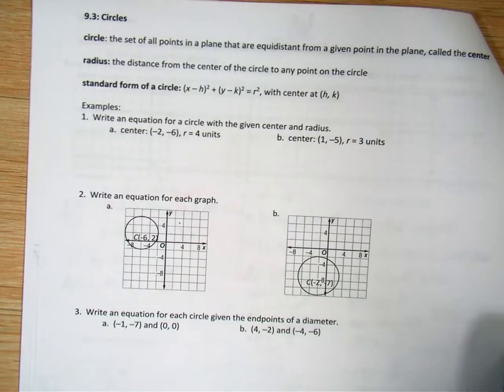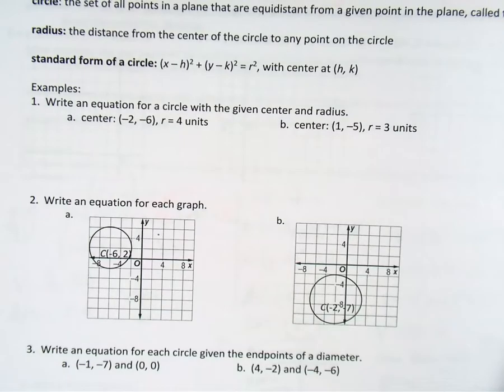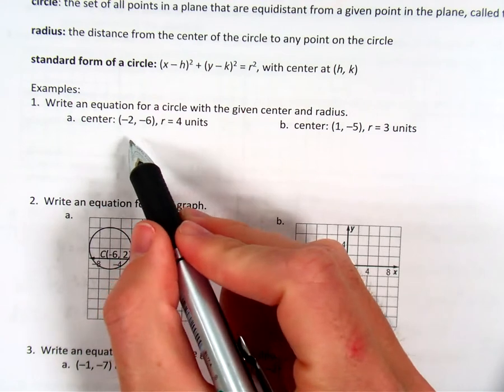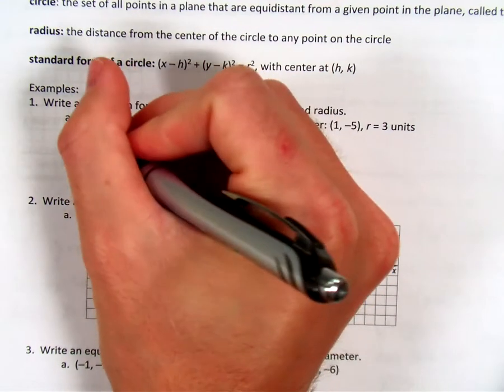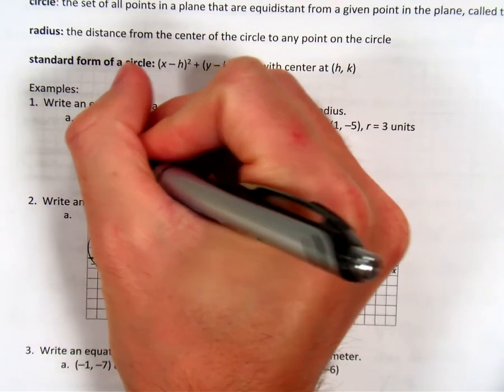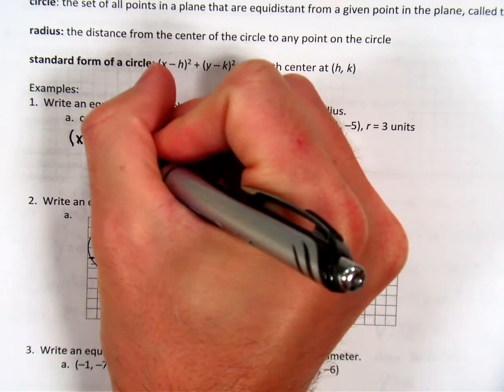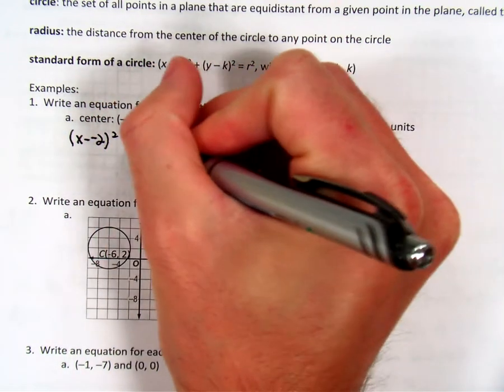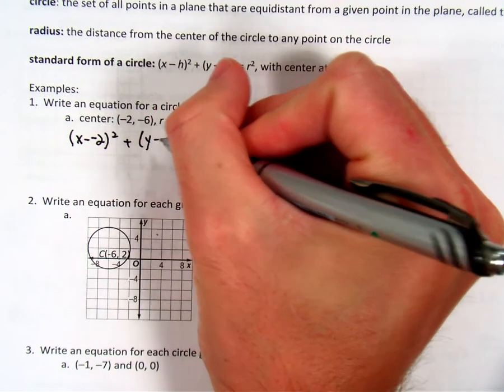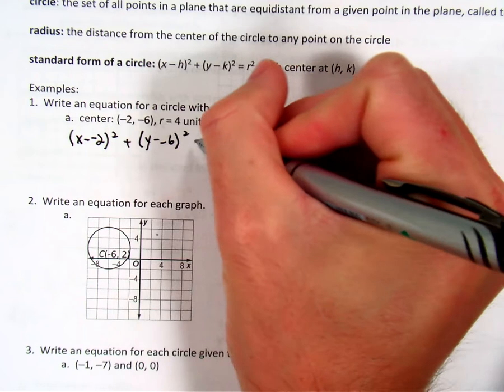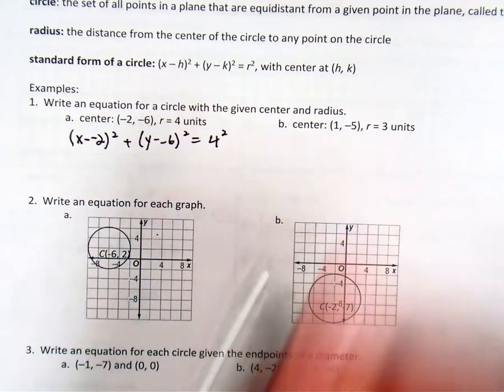Alright, so our first example. We're writing an equation with a center at -2, -6 with a radius of 4. So remember that's opposites. We'll go the long way here. X minus -2 squared plus y minus -6 squared equals 4 squared.